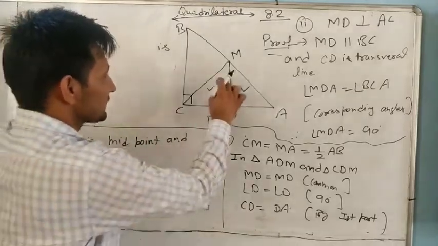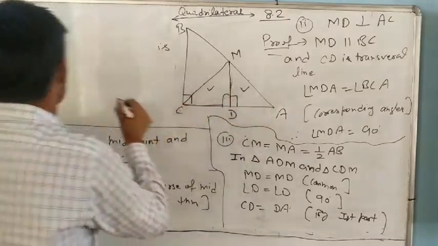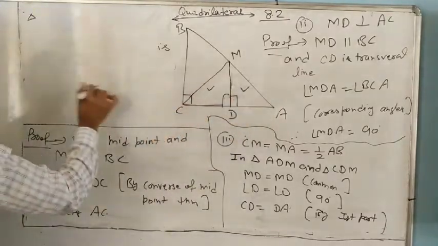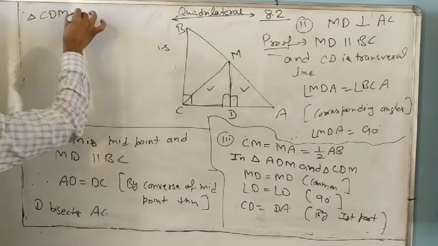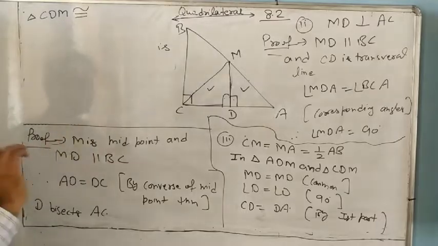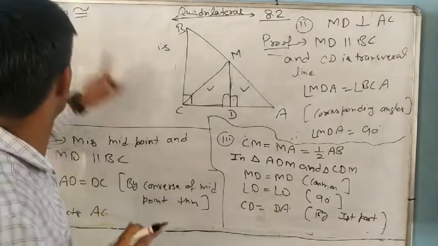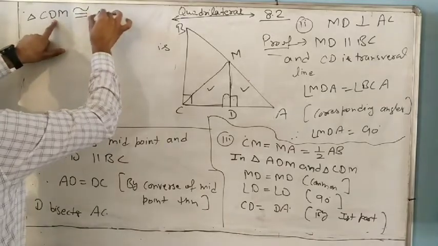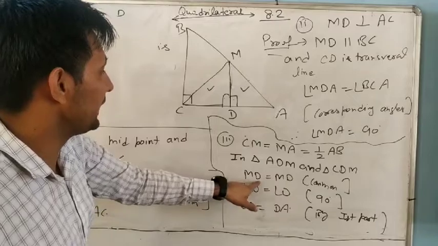So it means side angle side. So triangle CDM is congruent to triangle ADM, always written in order. Angle D and D are common, with D in the middle in both. And MD equals MD.